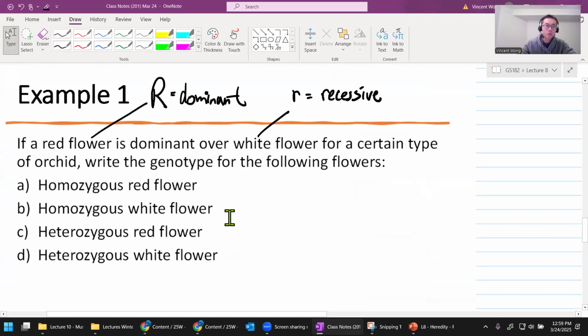Okay, homozygous red. What is homozygous red? Well, homozygous means the same, and it's a red flower, so it must be big R, big R. How about homozygous white?